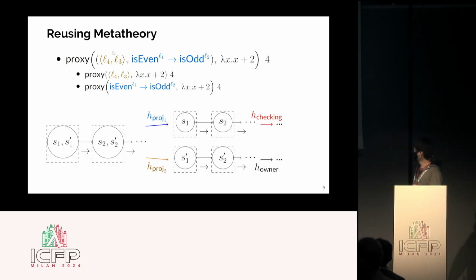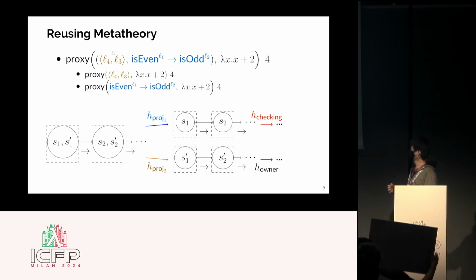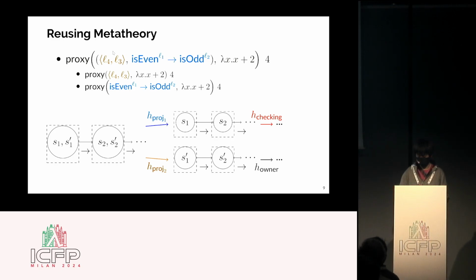This way, we can decompose the transition system on the right, which is the transition system for both annotations, and project the state into two separate transition systems in the middle. And then, for the projection on the top, we can reuse the map H checking, which is colored red, to tell us that the combined reduction sequence also only reduces from OK state to error state, but never back again.